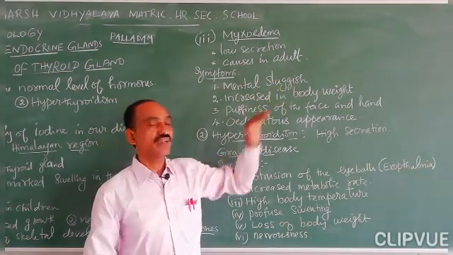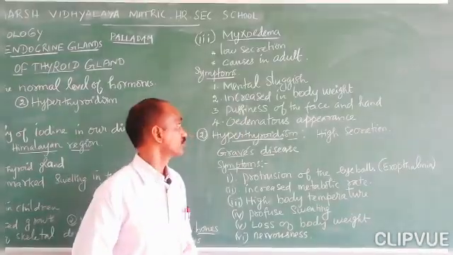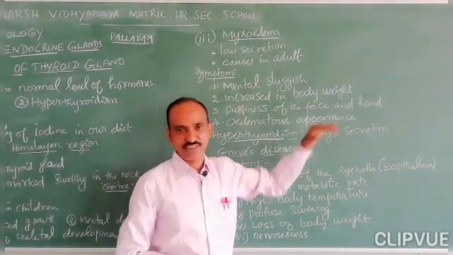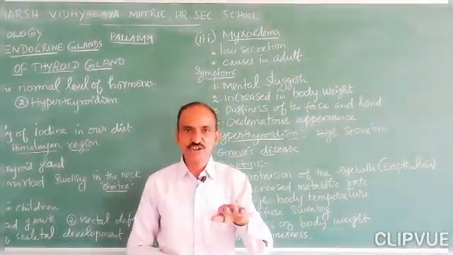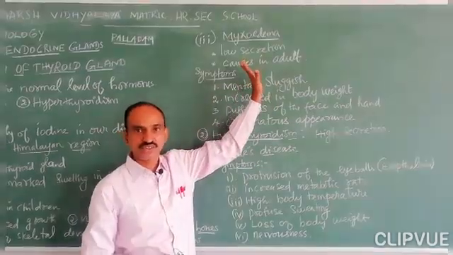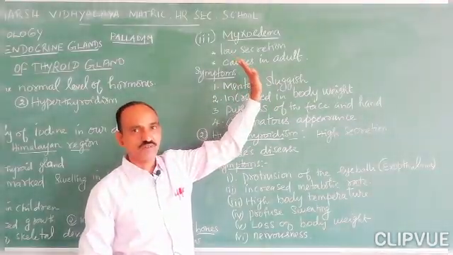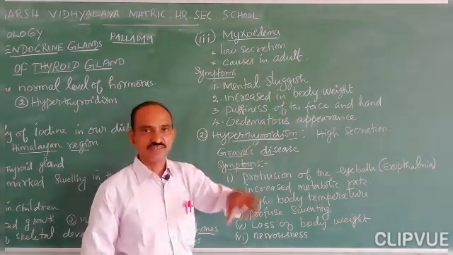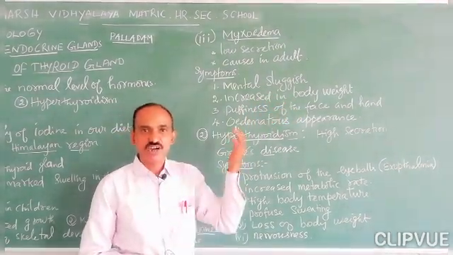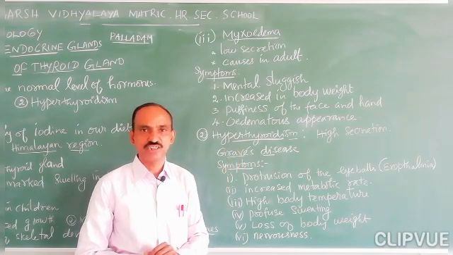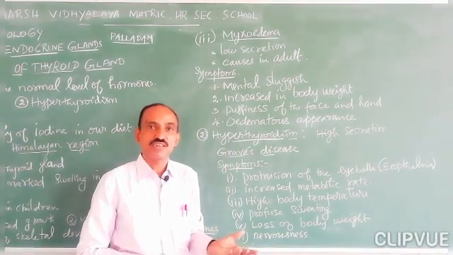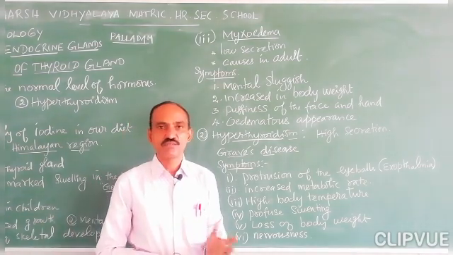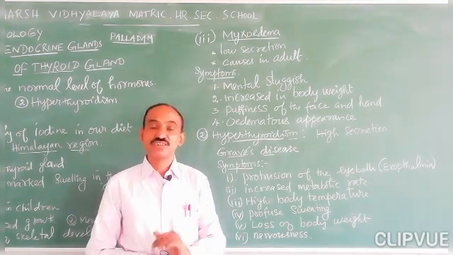That is called mental sluggish. Then there is an increase in body weight. When there is less secretion of the hormone, the body weight will increase, because when the hormone is not sufficient, growth cannot be controlled, so body weight automatically increases.